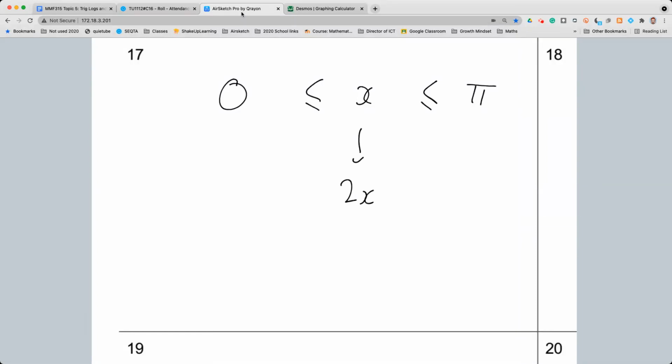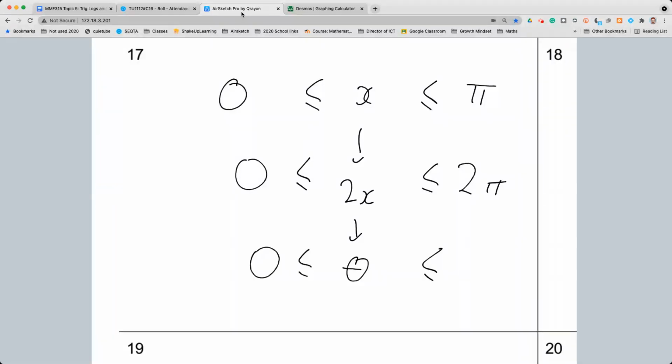Well, if I'm doubling this, then I should double the endpoints as well. And because I genuinely find that people find it difficult to manipulate 2x, even though it's just a thing, I tend to just replace it with theta. Does that make sense to everybody, what I'm doing?